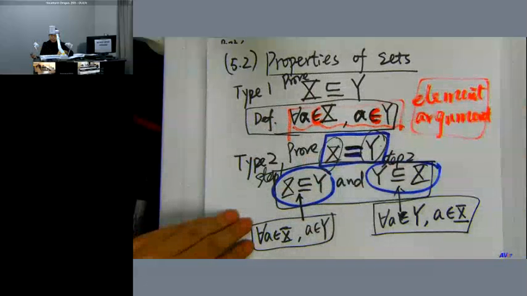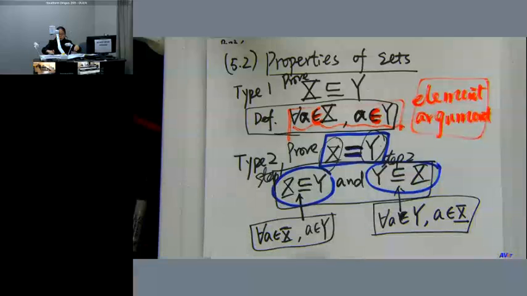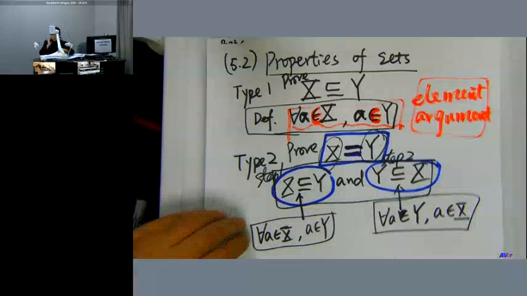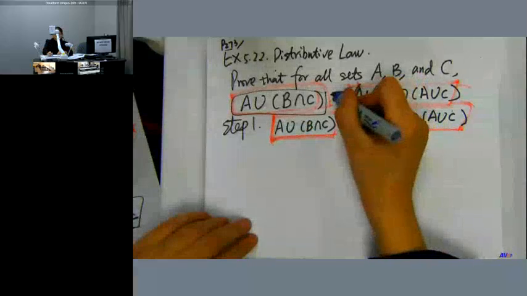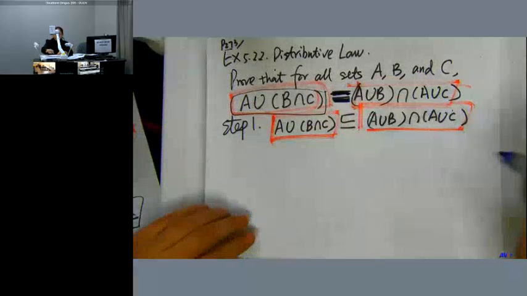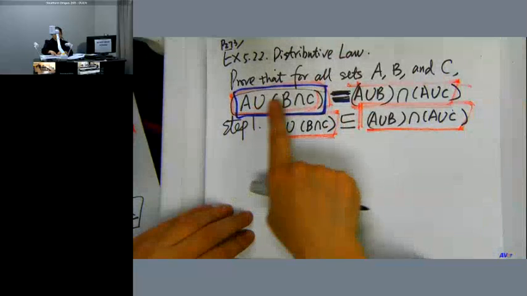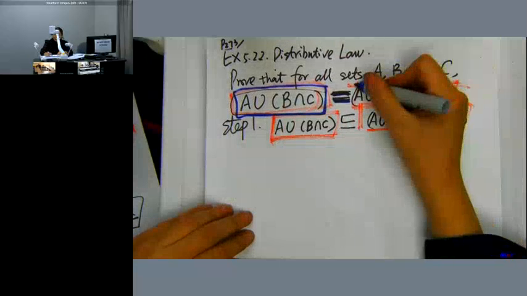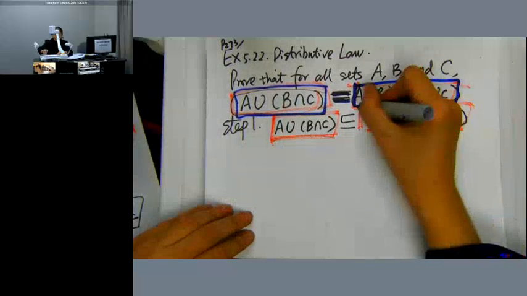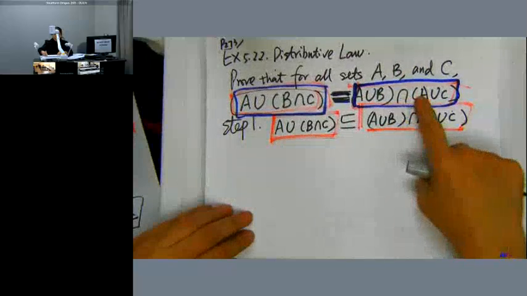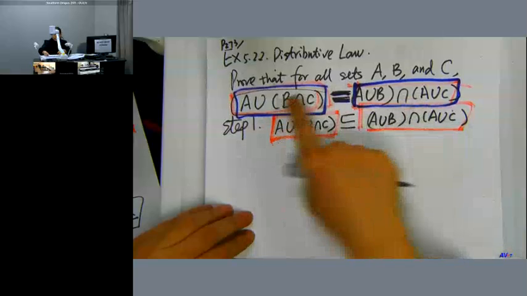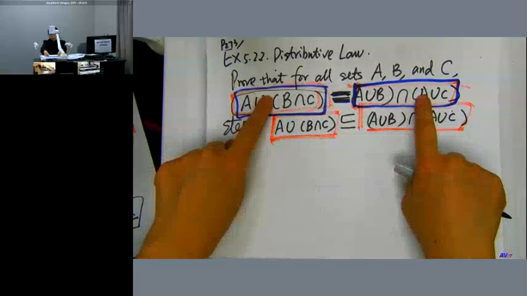You just have to do it two times. So this is the question I am going to do. I want to prove these two sets are equal. Which two sets? It's a very complicated set: A union B intersection C. And the other set is also very complicated: A union B intersection A union C. I want to prove these two big sets are equal to each other.